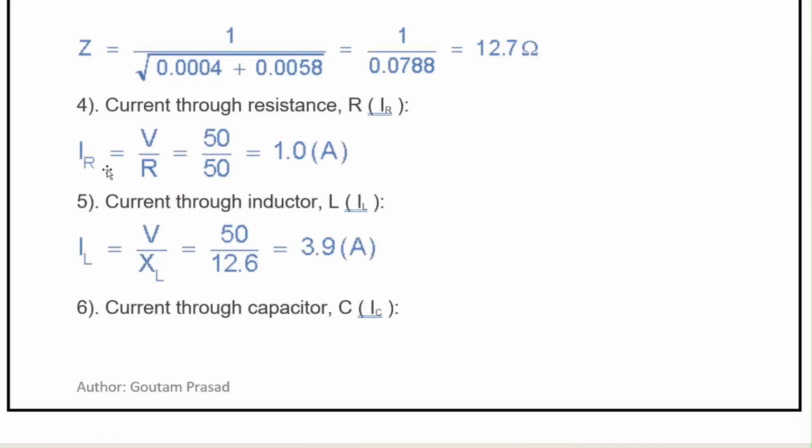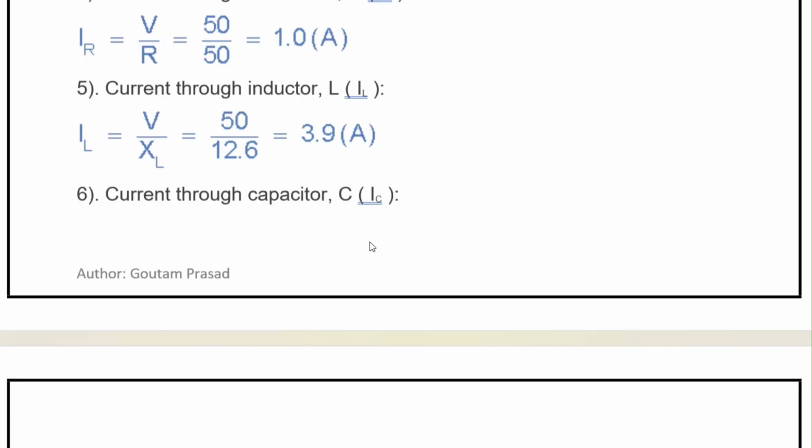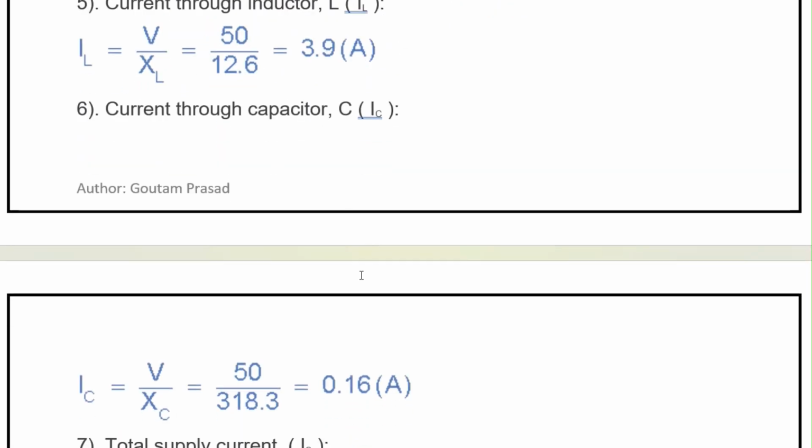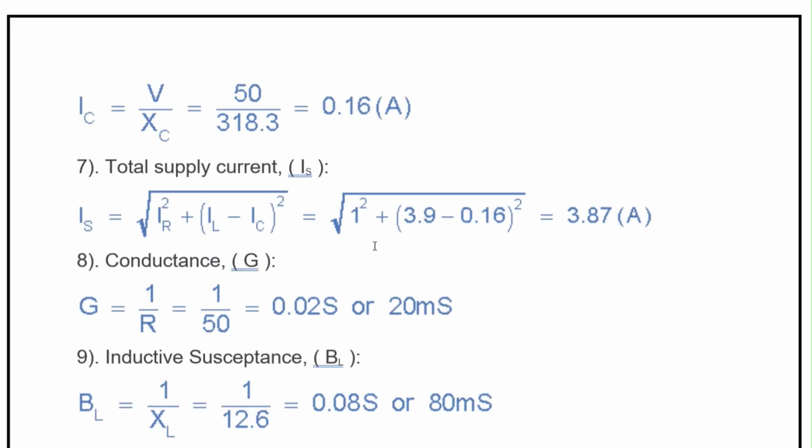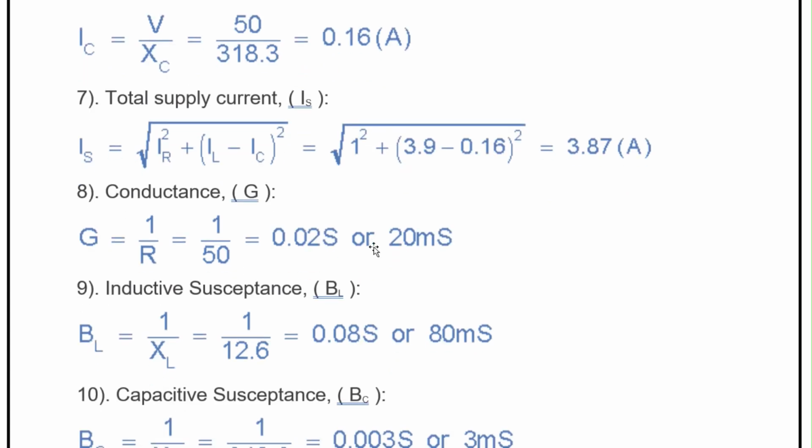Now you can calculate IR, which is equal to V upon R. So 50 by 50 is 1 ampere. Current through the inductor is IL, V upon XL is the formula: 50 upon 12.6, 3.9 ampere. Current through the capacitor is V upon XC, 50 by 318.3, that is 0.16 ampere.